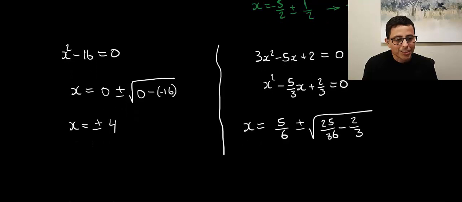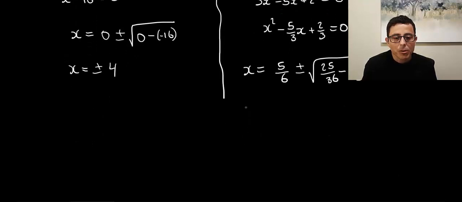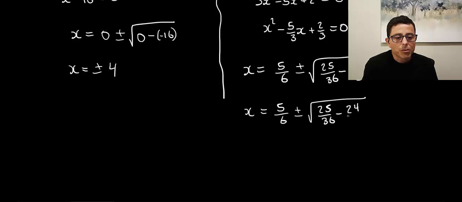And of course, we can simplify this a little bit more. 5/6. All right, 25 over 36 here. Multiply top and bottom by 12. 24 over 36. 5/6 plus or minus.